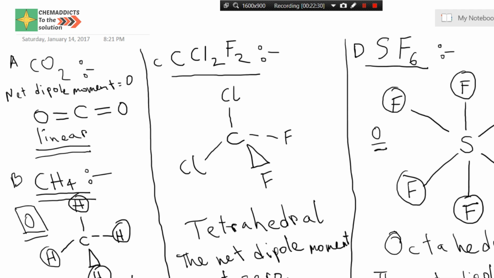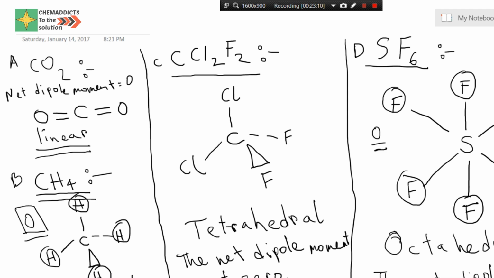In option A the molecule is carbon dioxide, which is symmetric and the net dipole moment is 0, so this carbon dioxide molecule is not polar. The same goes for B. Since this molecule is symmetric, all the atoms attached to the central atom are hydrogen, so the net dipole moment is 0.